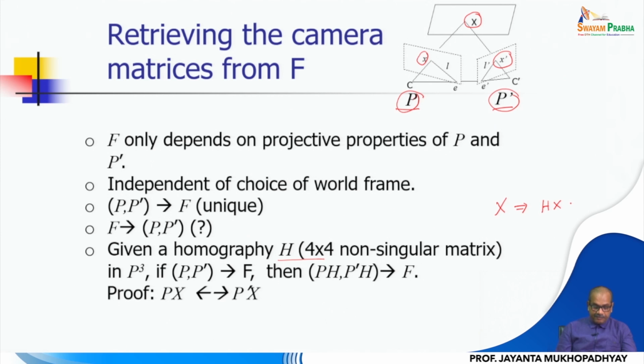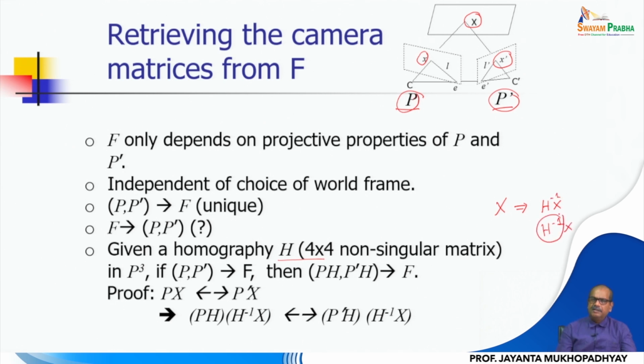Then if I write Px equal to P prime x, I can write that PH is H inverse x and P prime H is H inverse x. So instead of H, let me write H inverse x as the homography, because then the inverse is also a 4x4 matrix.